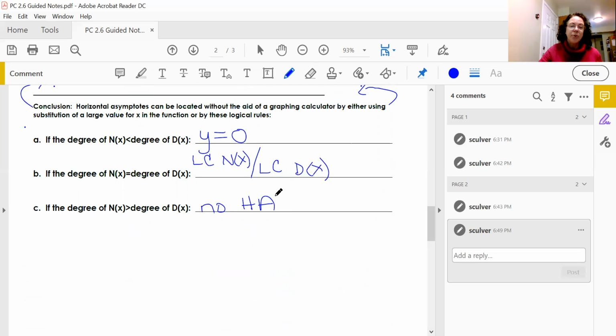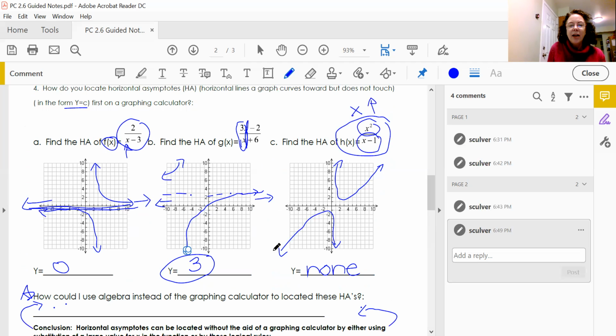Okay, now this brings us to the slant asymptote. If you look here on this graph, it actually on the ends up slanted. So that's what we're going to do next. But let's just recap horizontal asymptotes.